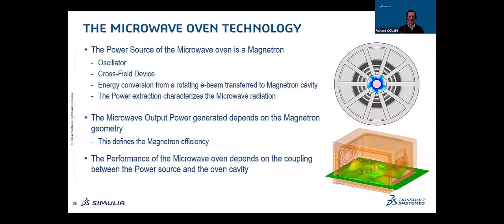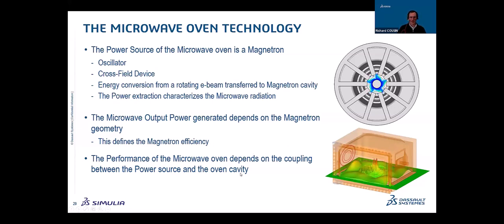The microwave output power generated by the magnetron depends on the geometry, and this can be fully parameterized and analyzed in order to optimize the efficiency of the magnetron, which you can control and predict with the simulation tools.